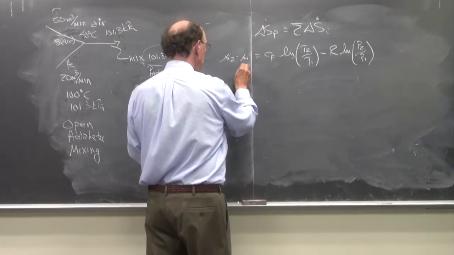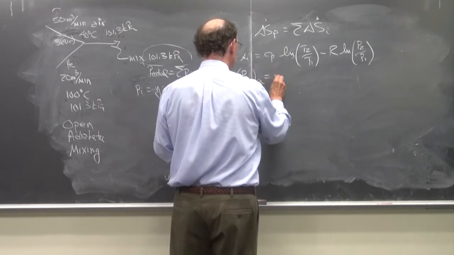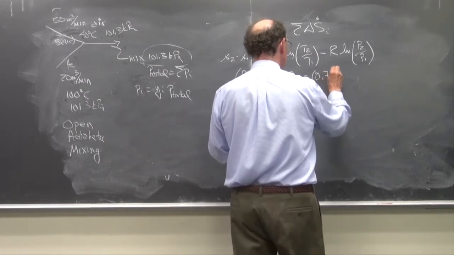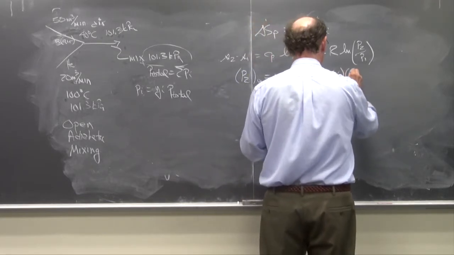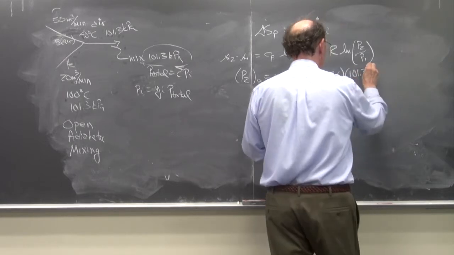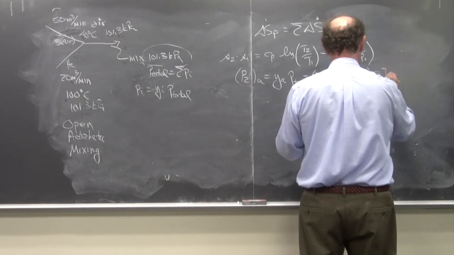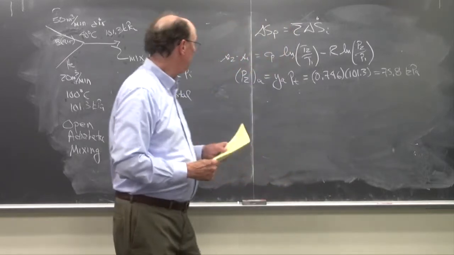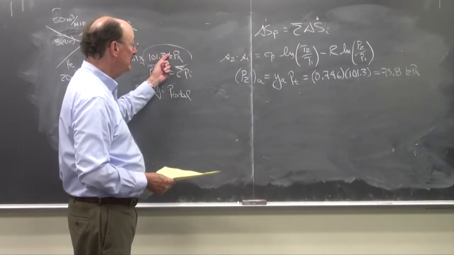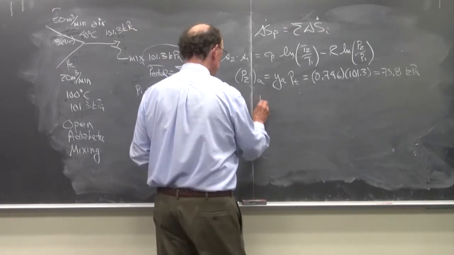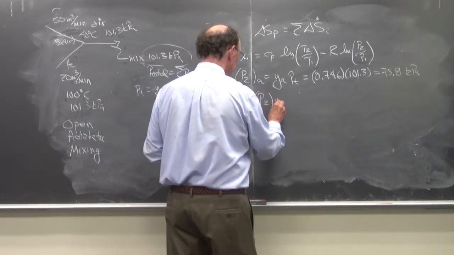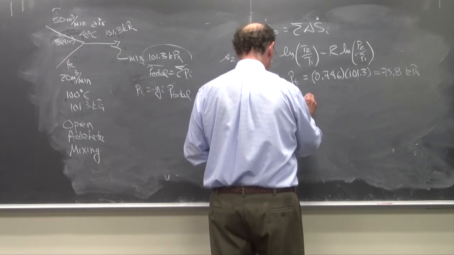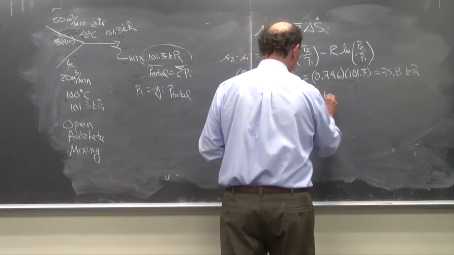And P2 of the air is equal to Y of the air times P total, so 0.746 times 101.3 is equal to 75.8 kPa. The partial pressure for the helium, P2 of the He, is obviously the difference between the two, and if I find that, it's 25.5 kPa.